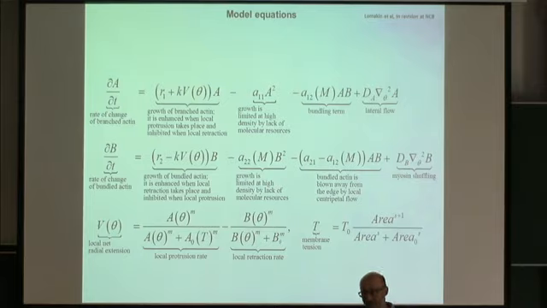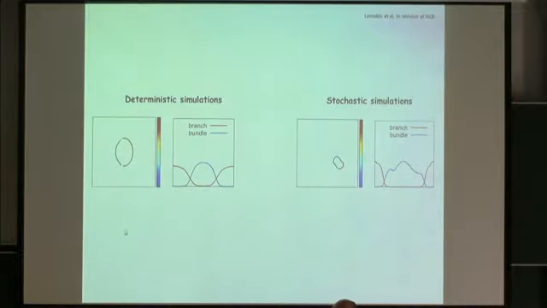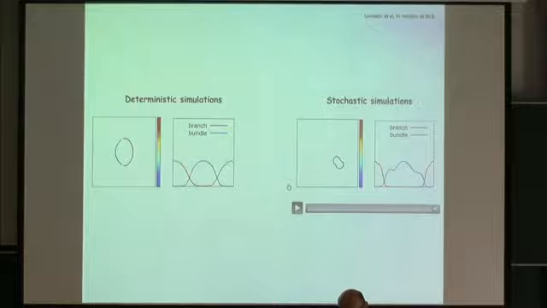That's the key. There's actually very beautiful mathematics here, which I don't have time to describe. I can talk to mathematicians later about it. But simulations show that depending on the parameters, you can get a polarized cell, where the two types of networks segregate. This is the same simulation with noise.